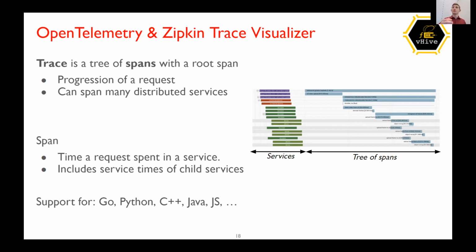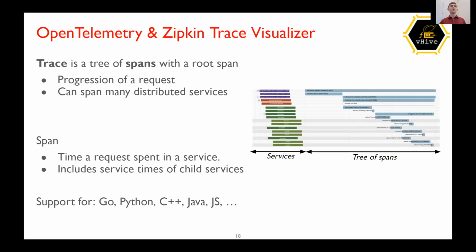So if you have a chain of services, then the span for the topmost service will include the time spent by all services that it calls until it returns to the original top service, which then returns to the user. So this will give us a tree of these spans, which we can then assemble into the final trace.